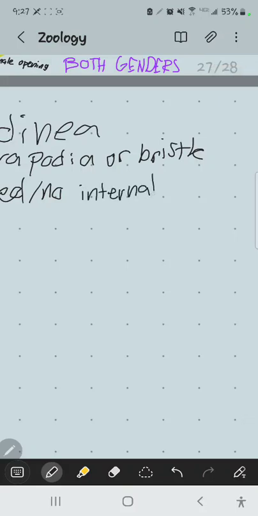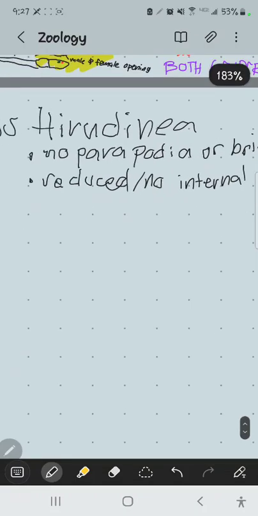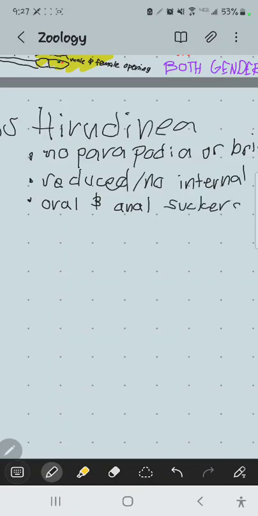And what they do have, though, is oral and anal suckers. Okay, so oral and anal suckers. And so a leech basically looks something like this. Usually the head is the tapered end, and the posterior end is more of the chubby end.